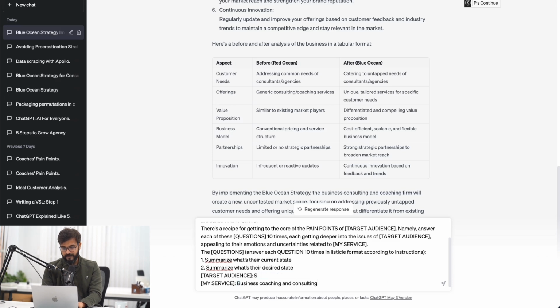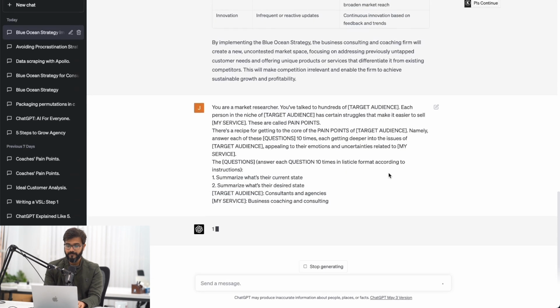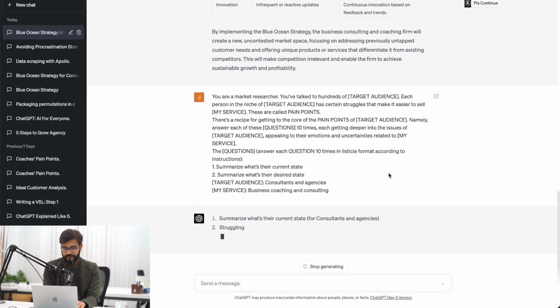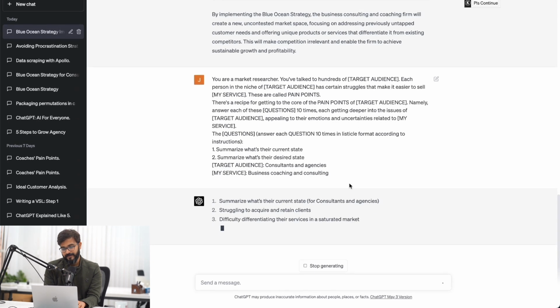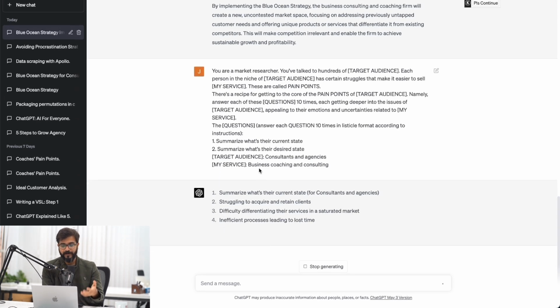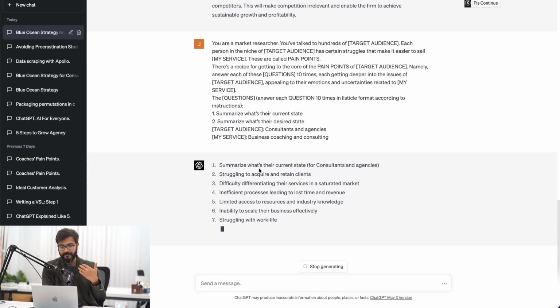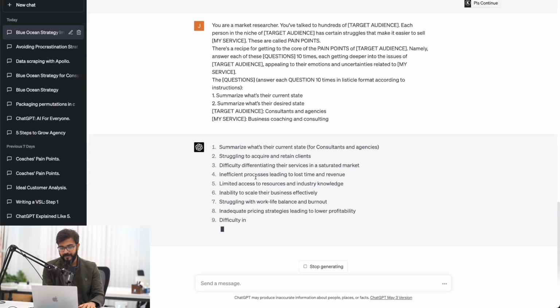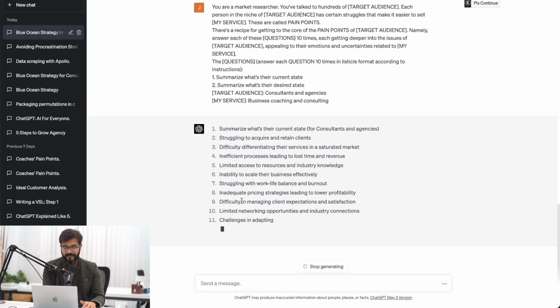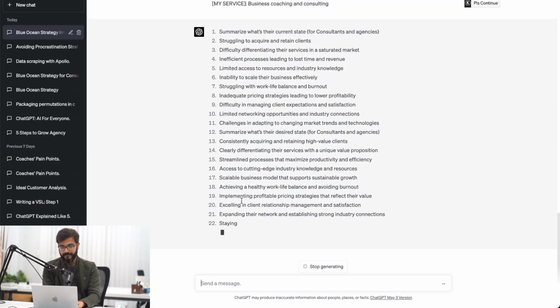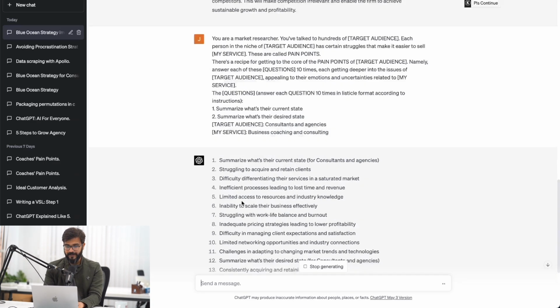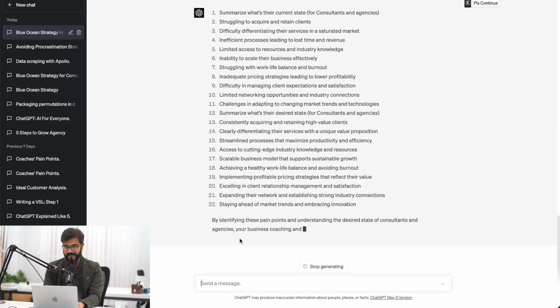I'll put consultants, service providers, and agencies. Let's try it out. Okay, so this is the summary of what consultants and agencies, where they are struggling. So this is the current state, and then there will be a desired state. Beautiful, I love it. So very quickly it has identified our current state and desired state.